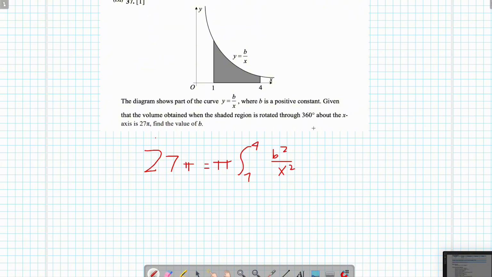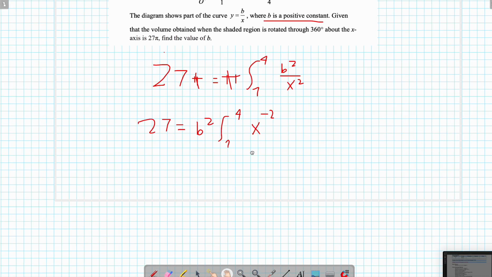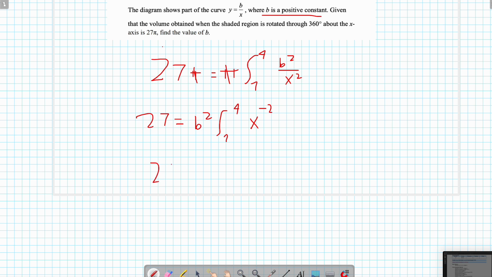Since b is a positive constant, and also we can cancel pi. So 27 is equal to b squared times the integral from 1 to 4 of x to the negative 2. Then simplify even more. The integral of x to the negative 2 is negative 1 over x, from 1 to 4.